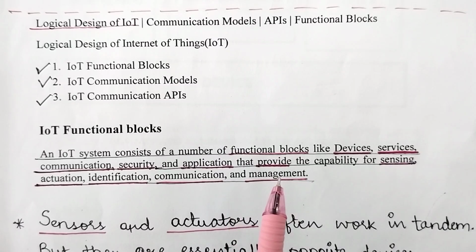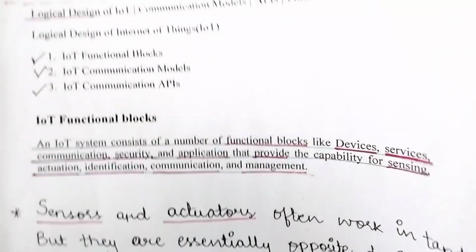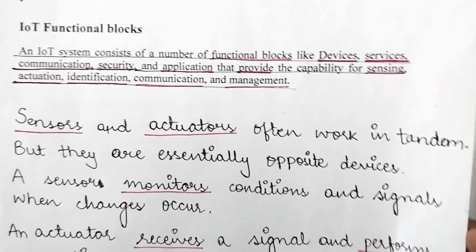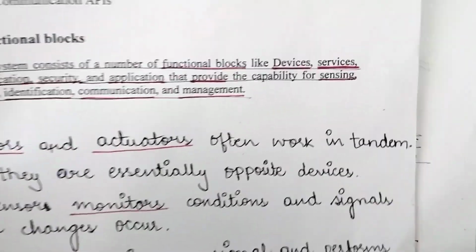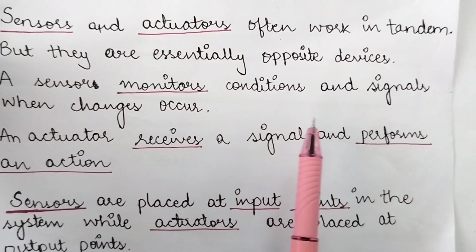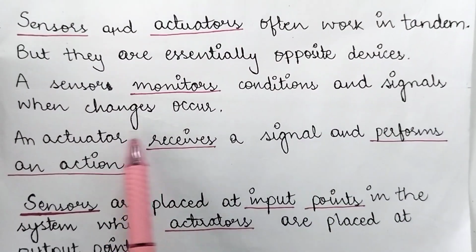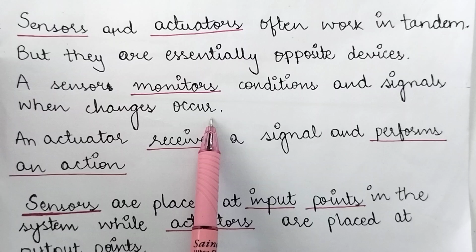Now, sensors are a very important part of any IoT device. Sensors and actuators play a very important role in any IoT device. They work in tandem, but they are essentially opposite devices. A sensor monitors the conditions and signals when changes in the outside environment occur.